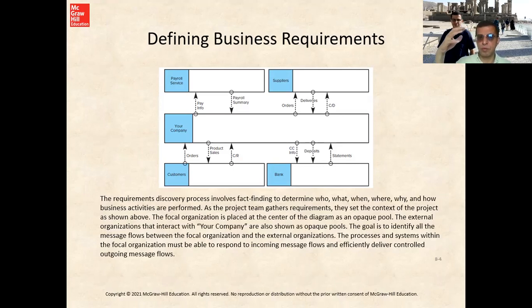We have our company, and who we are dealing with is the payroll service when we're paying, the suppliers we're paying, the customer we're receiving from, for example, and the bank where the deal is happening. We look at each of these messages. What are the possible messages? What things can we control? What things might go wrong? What things are going to be affected?